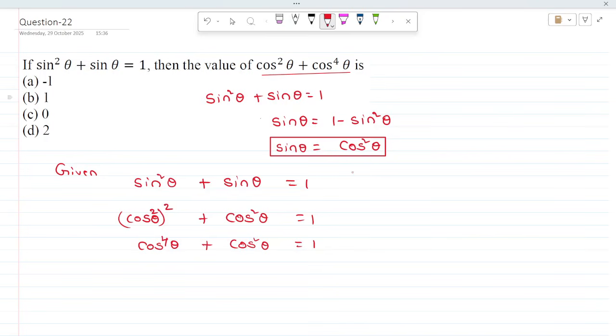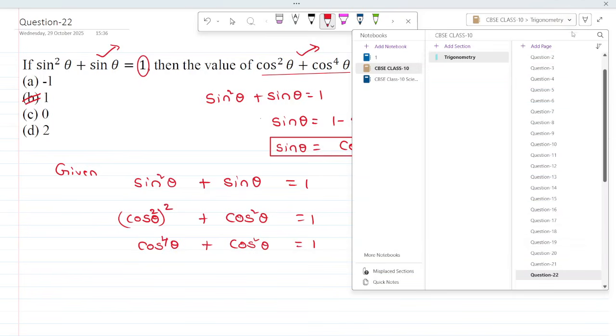Cos square theta plus cos power 4 theta will be how much? 1 itself. Clear? So whatever is this value, this is also the same. It should be given as 1, otherwise we cannot proceed in the question. Is it clear for everybody? Understand? So the answer is how much here? 1. Let's do the next question.